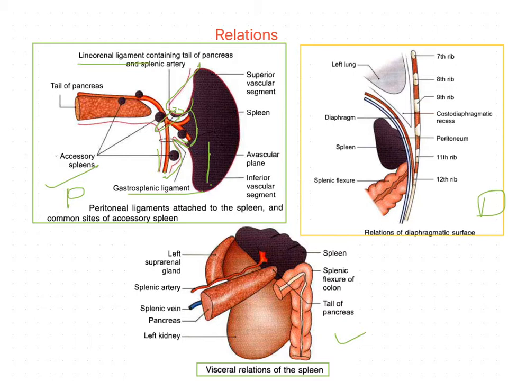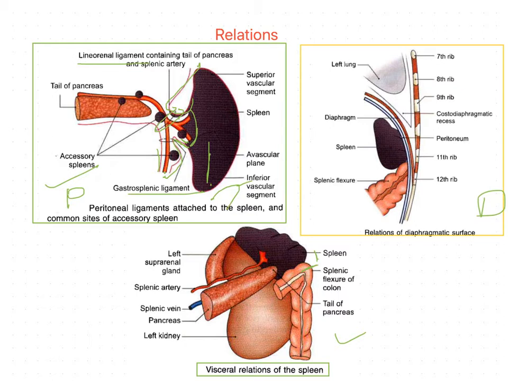It is a horizontal fold of peritoneum extending from the splenic flexure of the colon to the diaphragm. So these are all the peritoneal relations and the peritoneal ligaments.